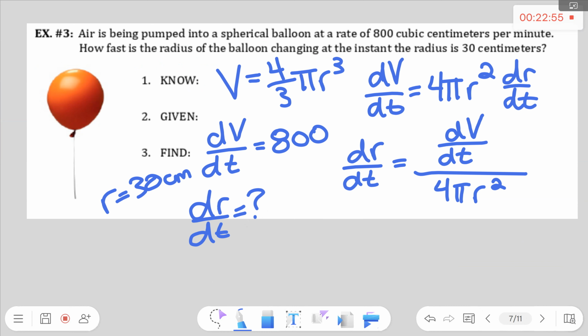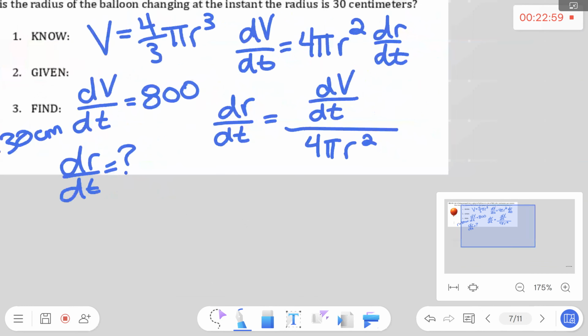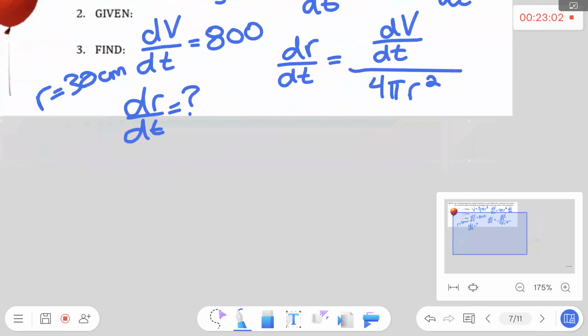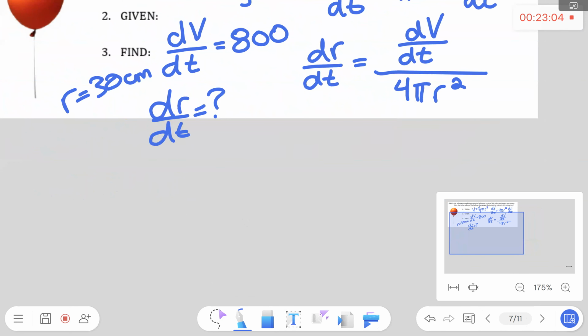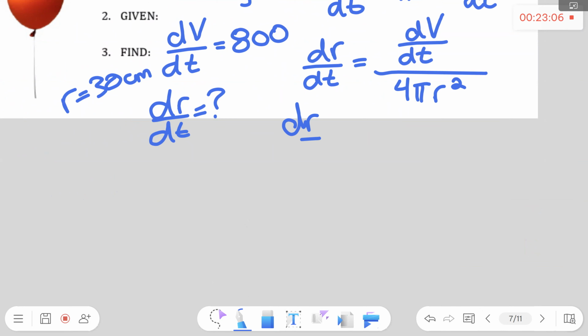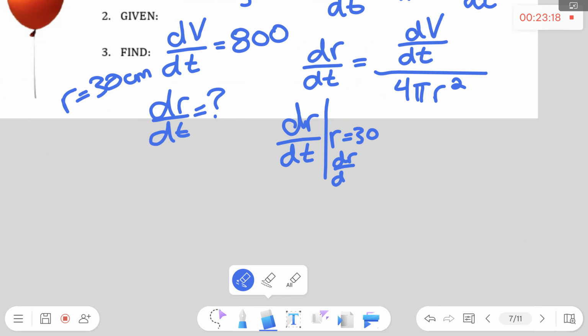Now it's just plug and chug. Now we're ready to evaluate. So dr dt evaluated when r equals 30, and dV over dt equals 800.